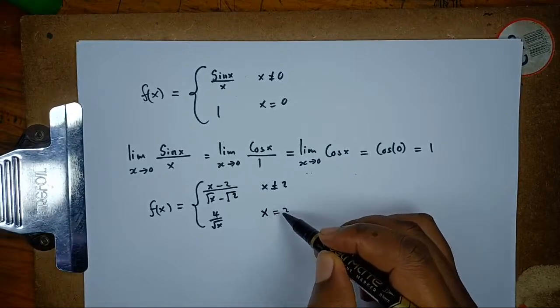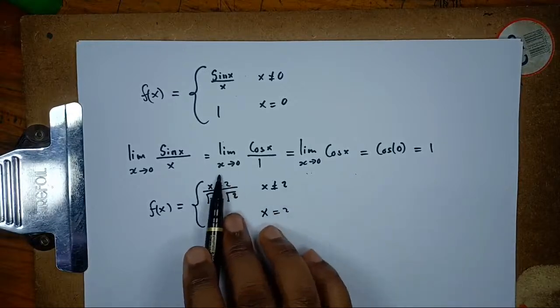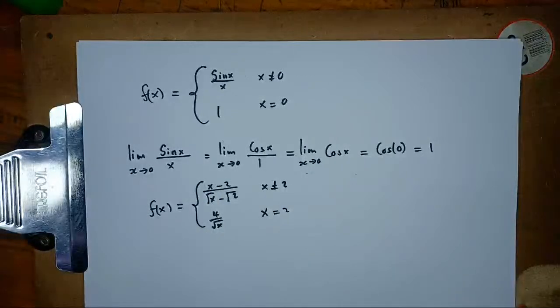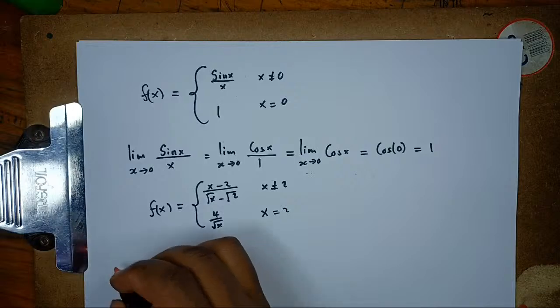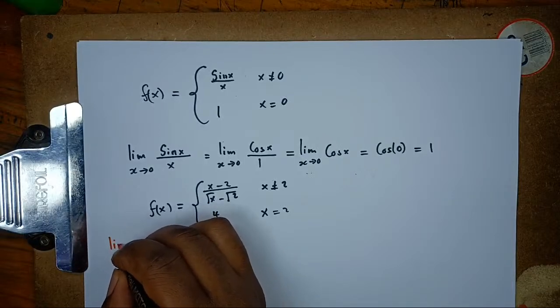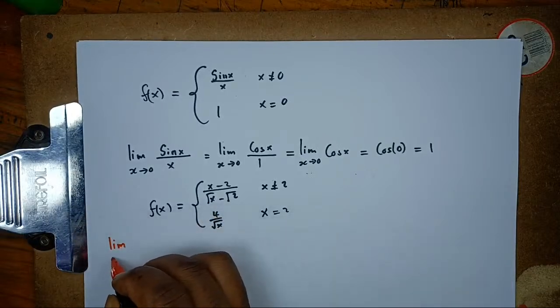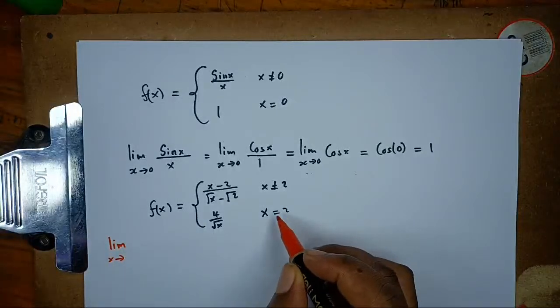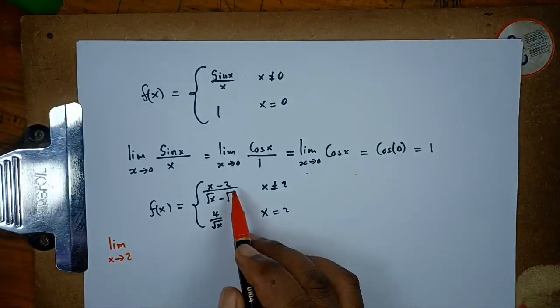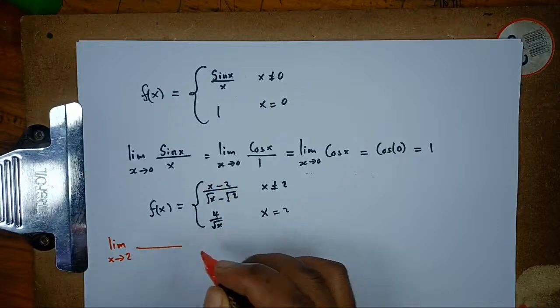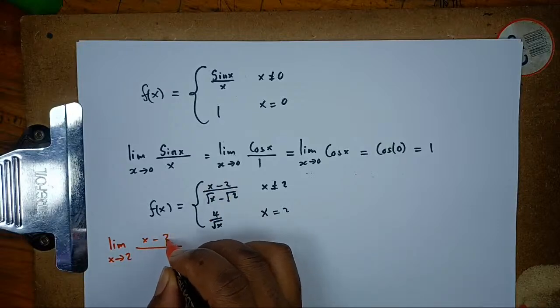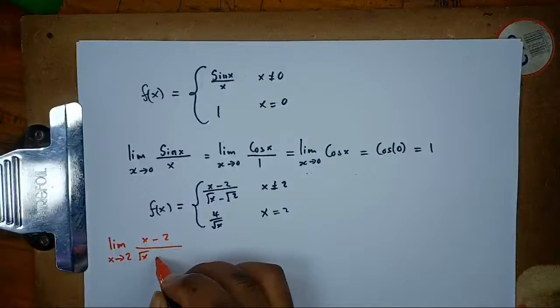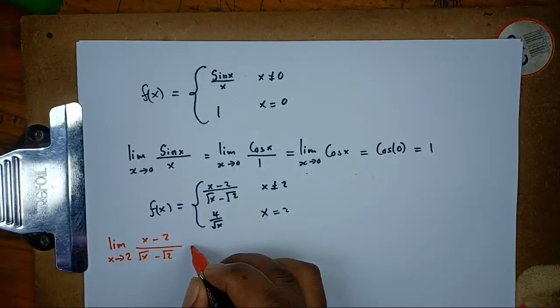So based on the function that we have been given, remember f of x is equal to this function. Let's apply the limit. The limit as x approaches 2. What's the function? The function is x minus 2 over root x minus root 2.